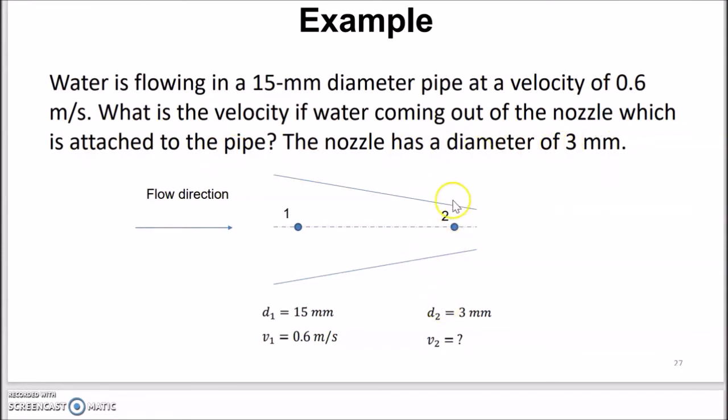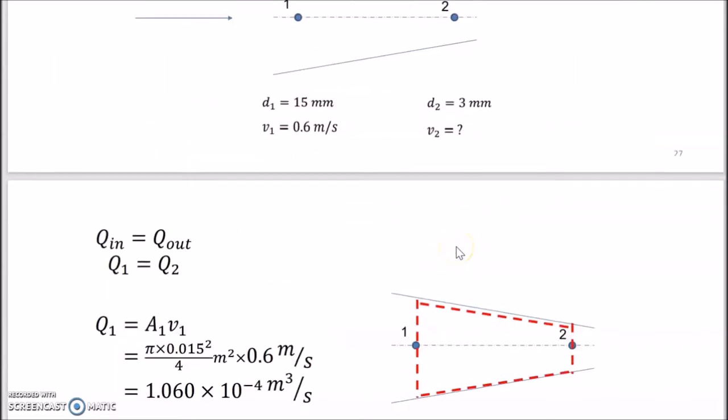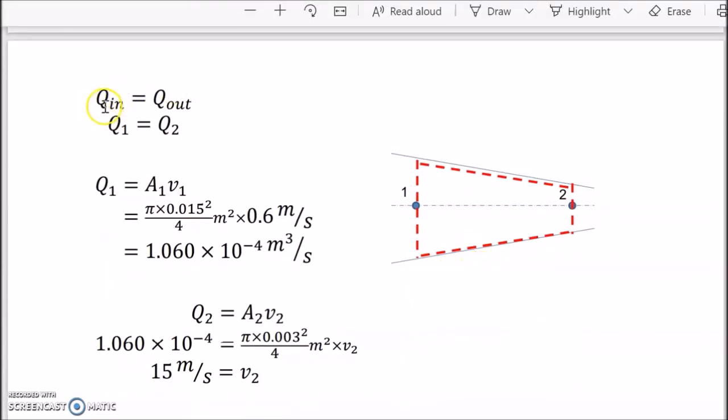What is the velocity leaving the nozzle, that is, V2 at section 2? We have Q in equals Q out.